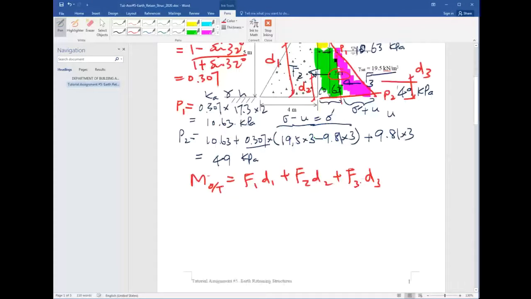Now, what's the restoring moment? If you divide it into 2, so that's the W1, and that's W2, right? So what's W1? W1 is equal to what? 24 times what?